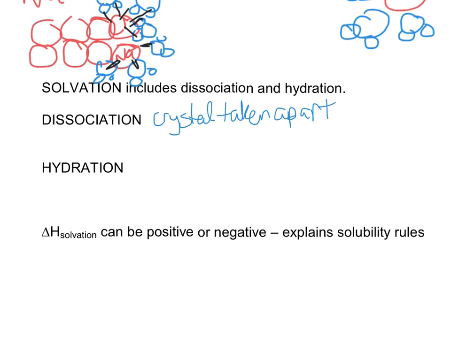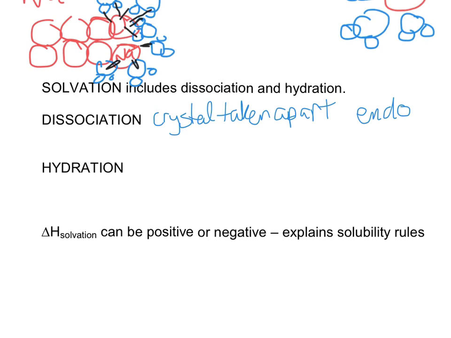So that should be endothermic because you have positives and negatives attracting to each other. So in order to separate those, you've got to put in energy in order to take them apart. And remember lattice energy, that would be like the opposite of lattice energy. So the ionic substances that have really high lattice energy, it's very exothermic to put these ions together. So then it's very endothermic to break it apart and take them apart.